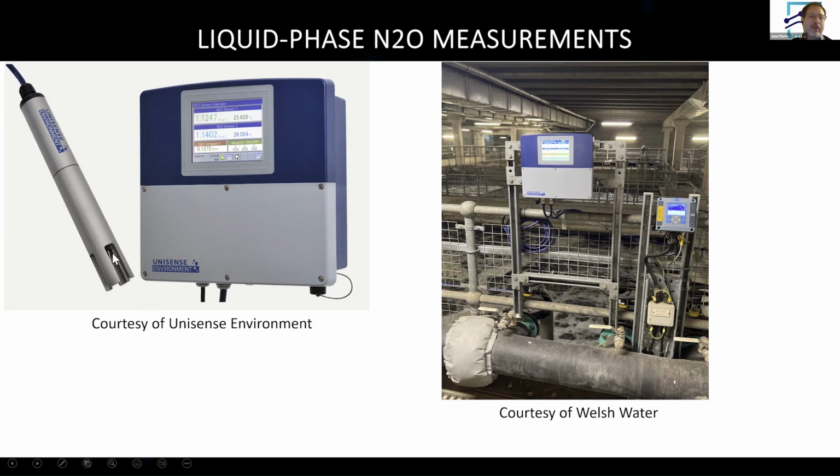And if there's any significant change in the temperature of the wastewater, you're going to have to be calibrating. So depending on how fast the temperatures change, it'll dictate how often you're going to be needing to calibrate the sensor. The sensor also is measuring the N2O in the liquid.